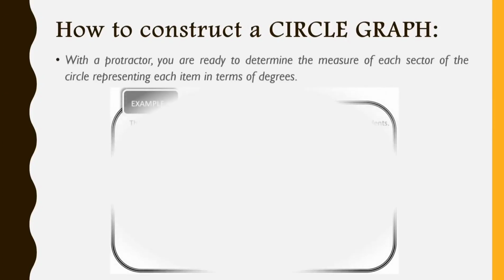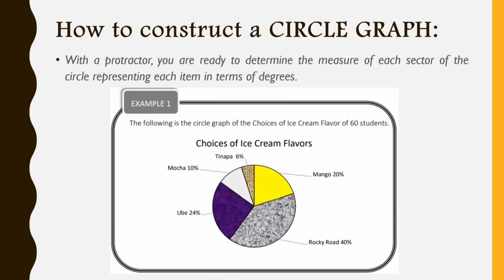Given that data, we can now use a protractor to determine the measure of each sector of the circle representing each item in terms of degrees. So in our answer a while ago, mango is 20%. So 20% of 360 degrees is 72 degrees. It means that this angle measures 72 degrees.